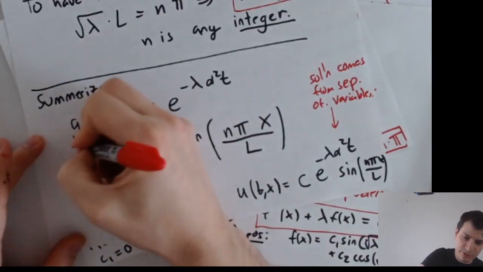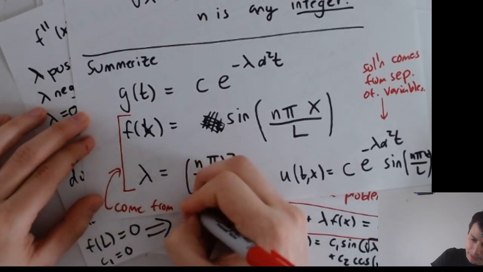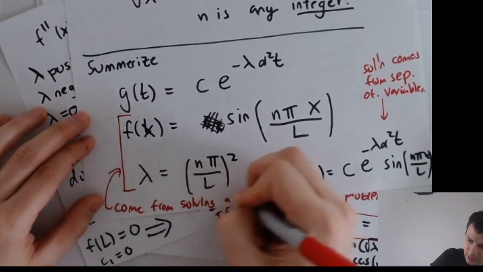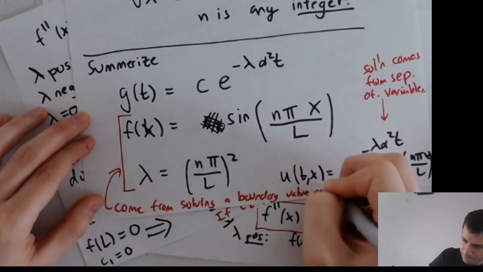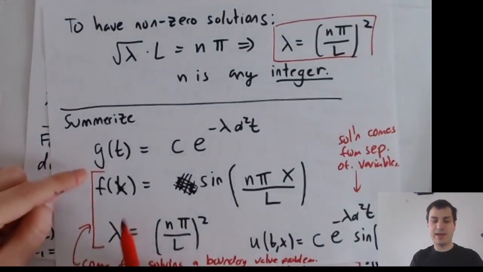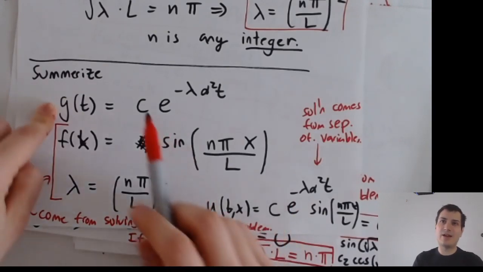And I would say these two ingredients, what is the value of f and what is the value of lambda, these come from solving a boundary value problem. And we solved the boundary value problem, we got f and lambda, and then we put that together with the solution. The function g, that one was easy.